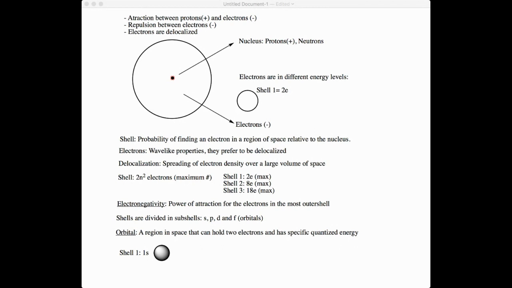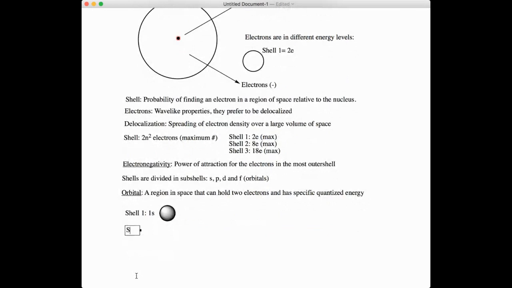Okay. So in the second shell, how many orbitals should we expect to have? Shell number 2 can have a maximum of 8 electrons, right? Good.